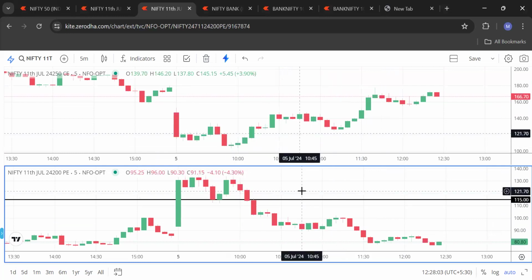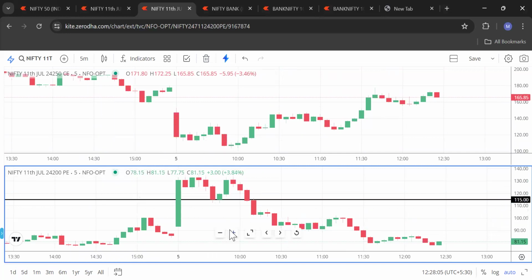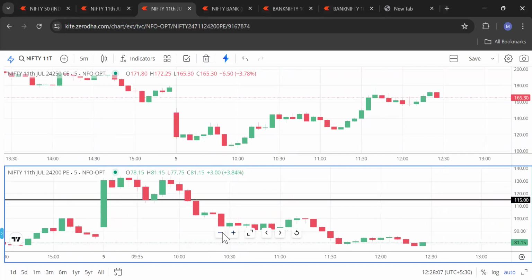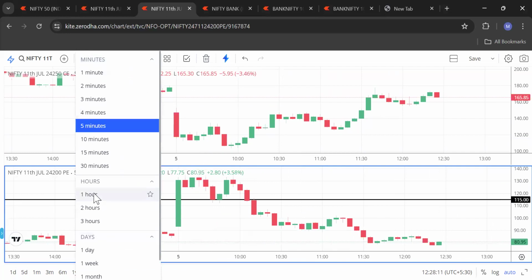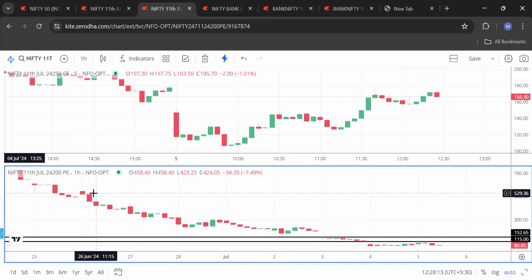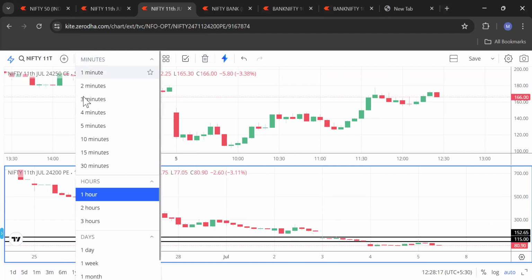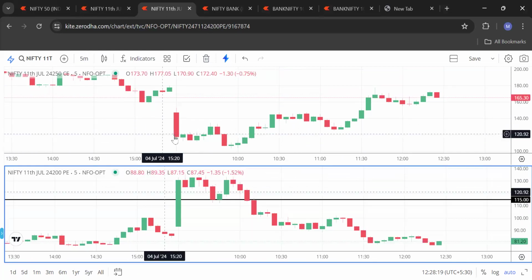You could see both the prices over here, but since the time frame is shorter, you can't see it now. Now you can see 152.65, 115. Okay, now let's come to this.